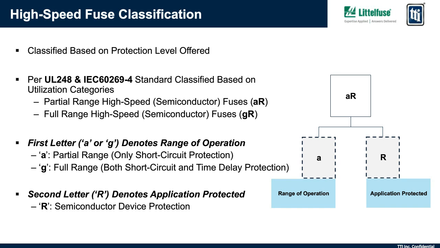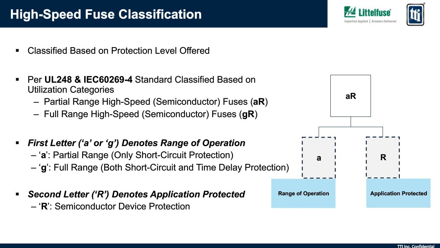The first letter denotes the range of operation. Like I said, with the partial range, it would only be for short circuit protection. So for very high current at a short amount of time, this was what this type of fuse would be used for. However, on the other case, a lowercase g, a full range fuse, would be used for both short circuit and time delay protection, enabling that fuse to pick up current at a much quicker time and activate.